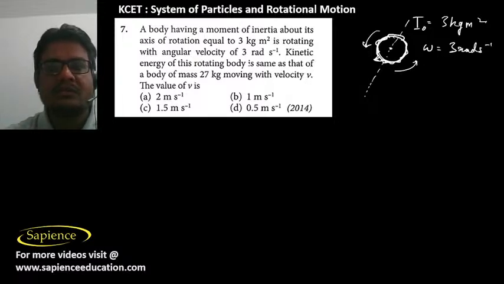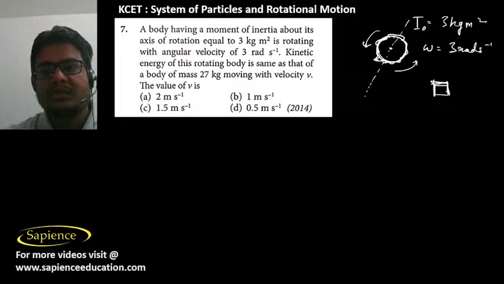The kinetic energy of this rotating body is the same as that of a body of mass 25 kg moving with velocity v. So another body is there which has only translational motion, moving with a velocity v, and its mass is m1, which is 27 kg.